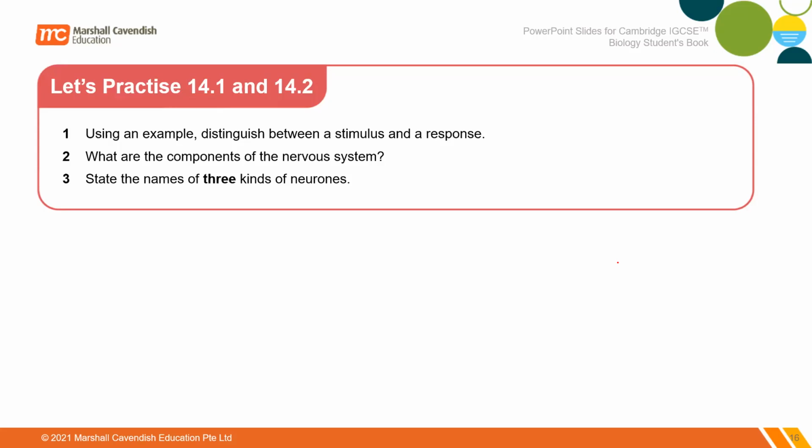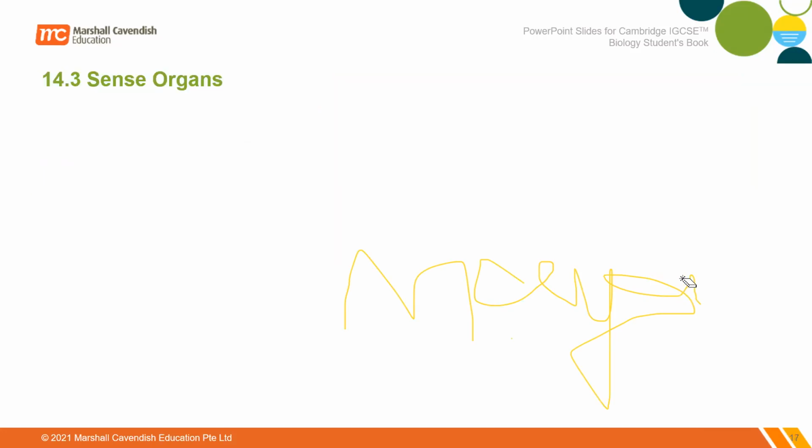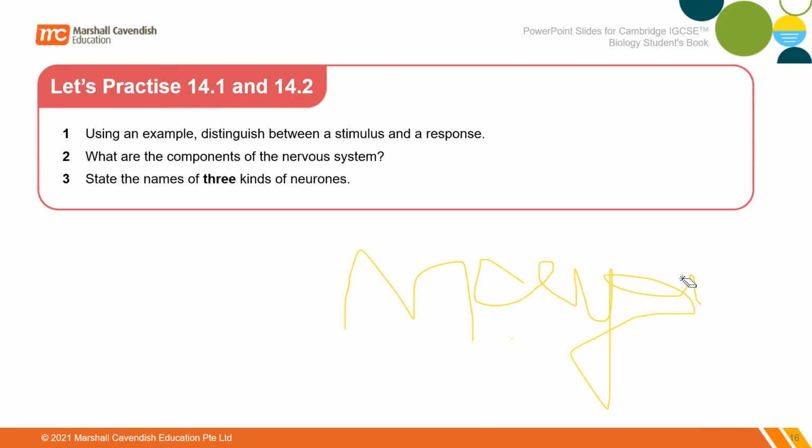For example, if there is a nail in the ground, the nail is a stimulus, because it's the one that causes the body to take an action against it. So if someone steps on the nail, then the nail is the stimulus, and the response will come from the body, where he will move his foot away from the nail so that he doesn't hurt his foot. So that's the response. Okay. Perfect.